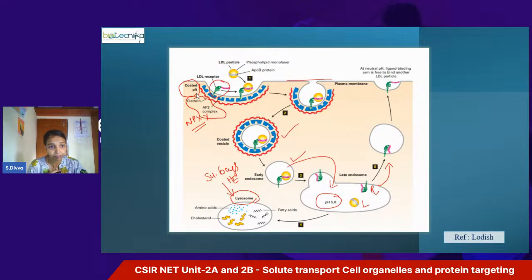Anyone? Or what is the basic structure of a clathrin protein and an adapter protein? We have discussed this in the class, if you remember. The images, heavy chain, light chain, globular head. Are you able to remember?